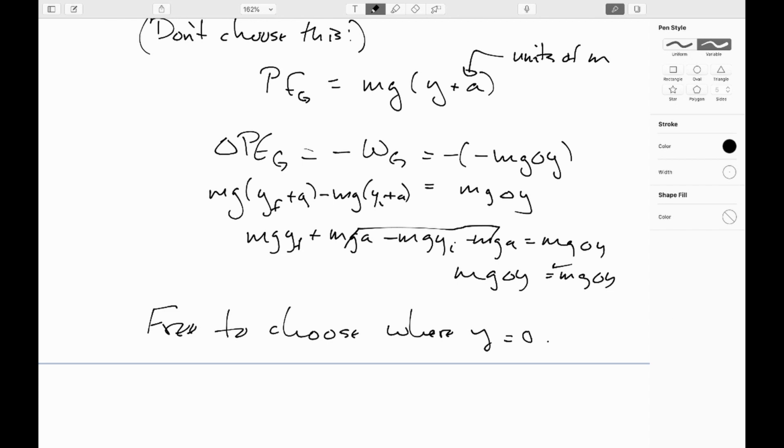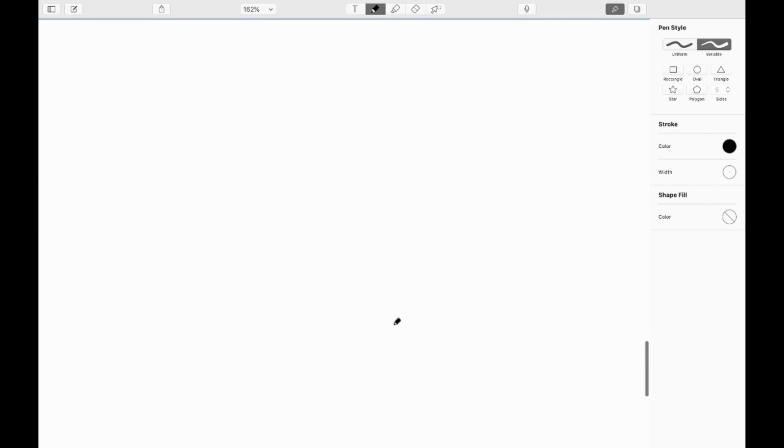Now, there are other times where, although technically you're free, there are many choices of a potential energy function. It'll turn out that because of calculus, there's only one choice that will make doing the calculus necessary to construct the function non-tedious.